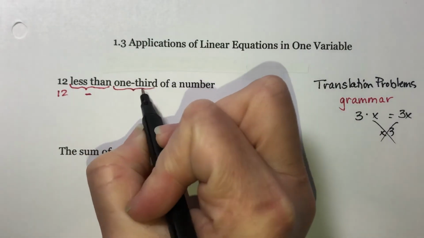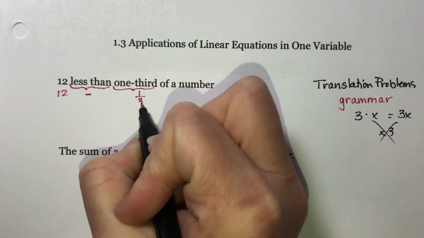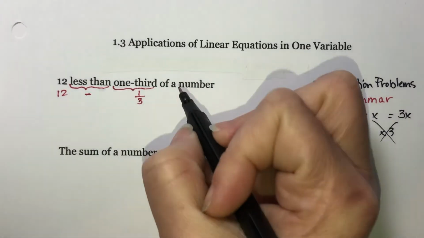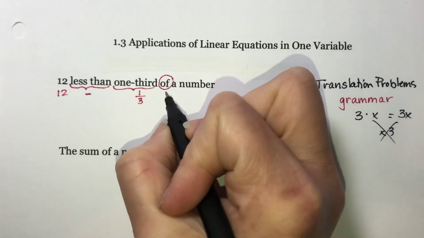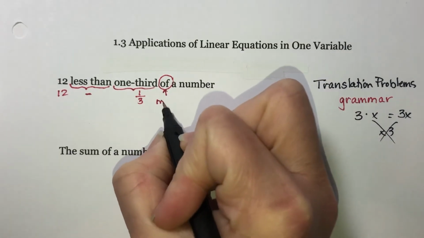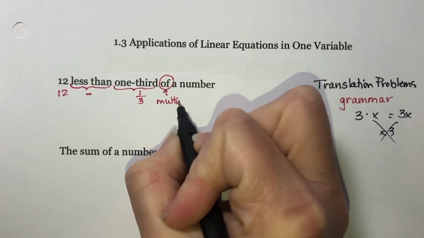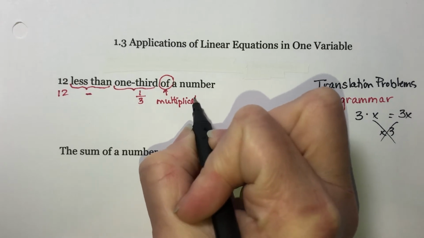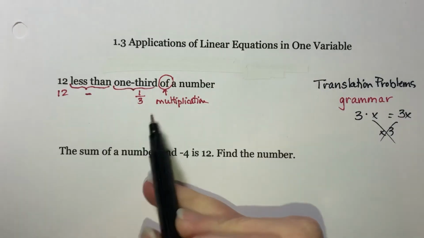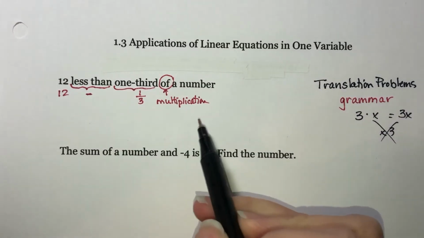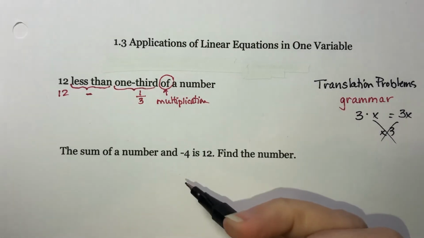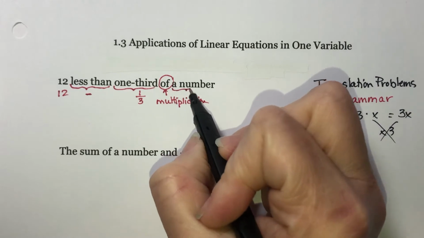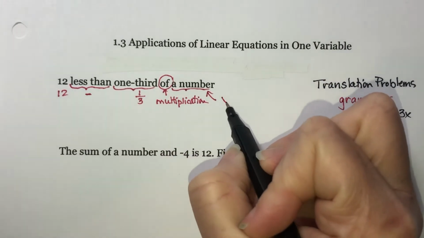1/3 is 1/3. Now the word of is often a multiplication. And we have a lot of different ways of dealing with multiplication in math, so that's why I didn't put the symbol there. Of a number, we will call that x.